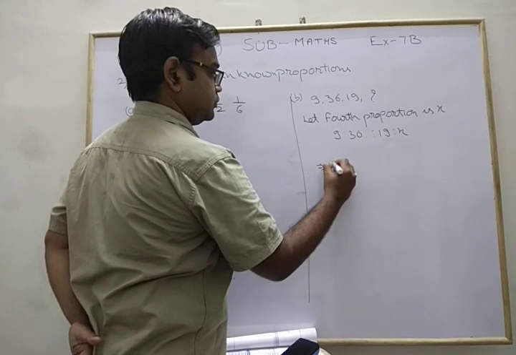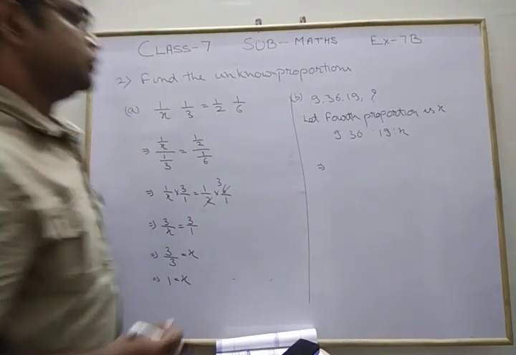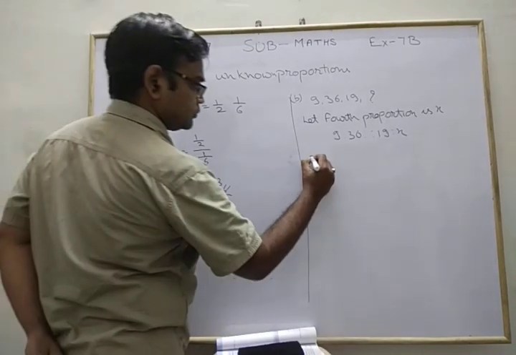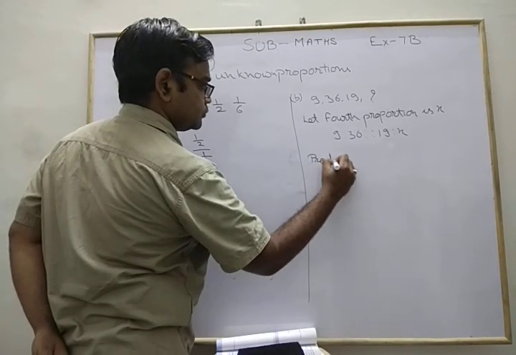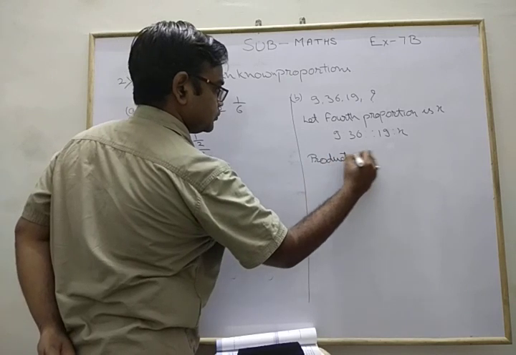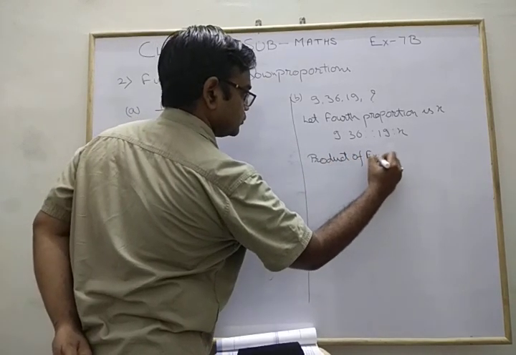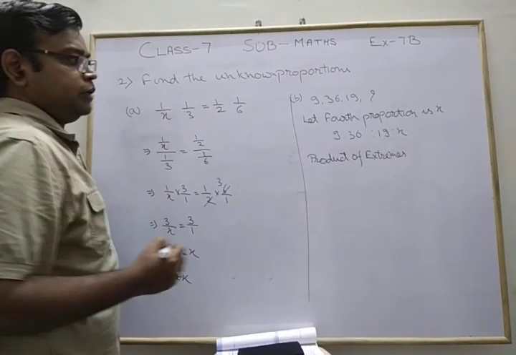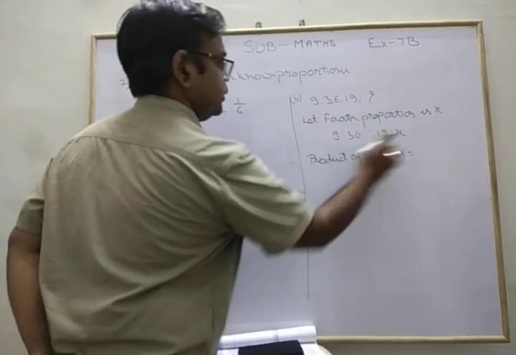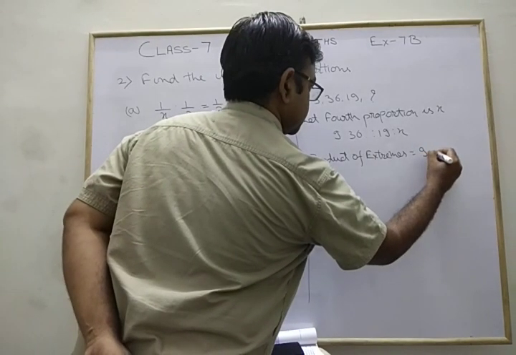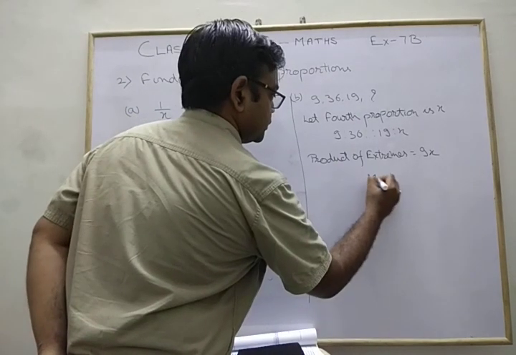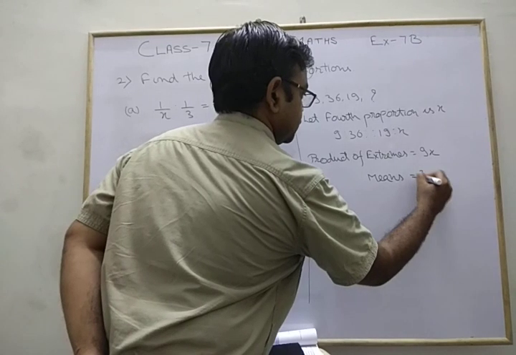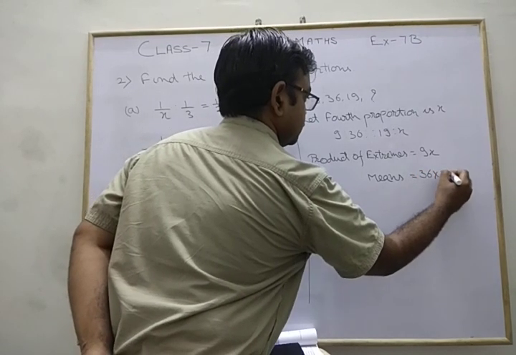Then we know either we use the product of extremes. Okay, we are using this the second way. Product of extremes equals 9 into x. It's 9x. The product of means equals 36 into 90.